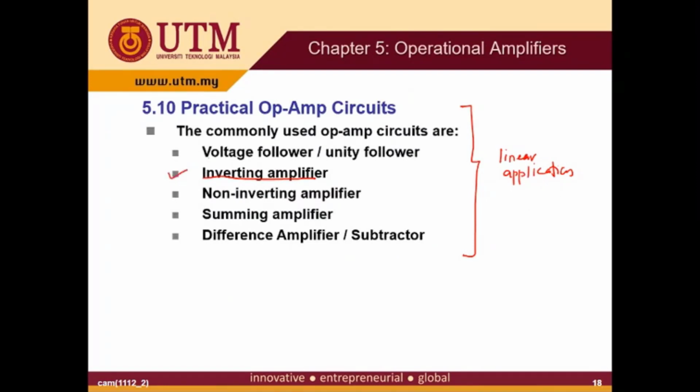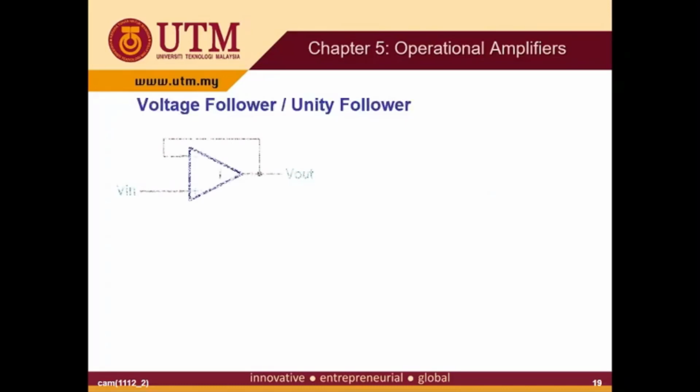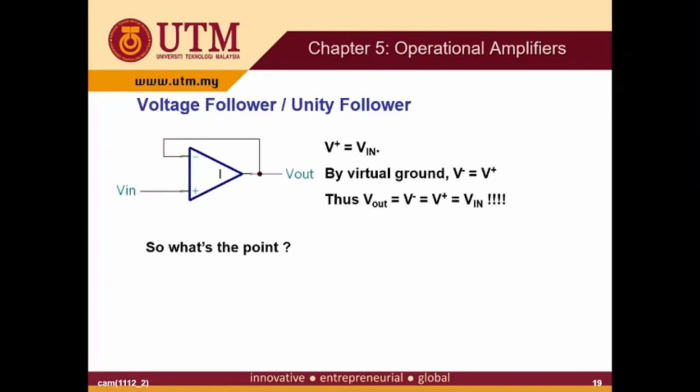Next we go to the voltage follower, or unity follower. The voltage follower is a very simple application. What it does is transfer the same voltage value from input to output.